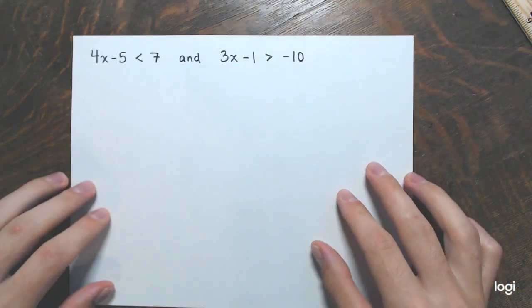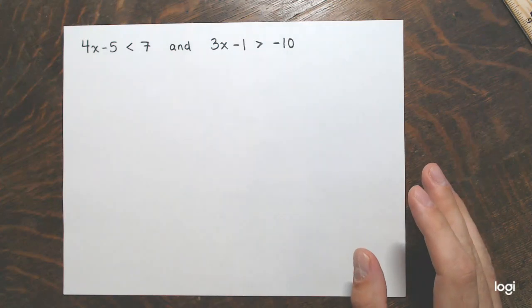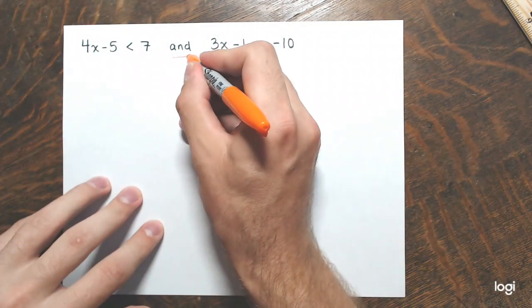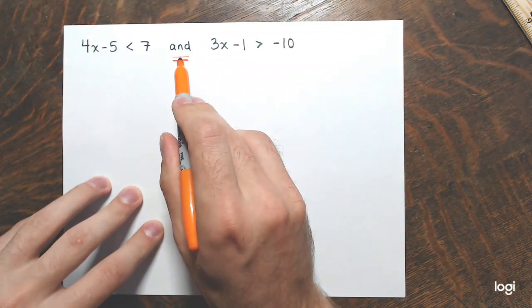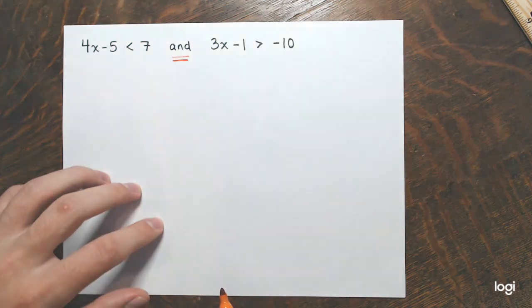All right, so my next examples are all the same. It's just the solutions might end up different. It's not always going to be the numbers 2 or greater that make a compound inequality true. So here's another compound inequality. 4x minus 5 is less than 7, and, again the key word being and, 3x minus 1 is greater than negative 10.